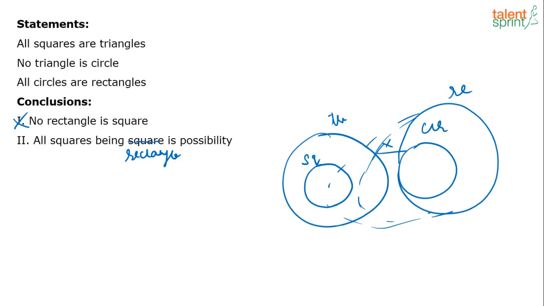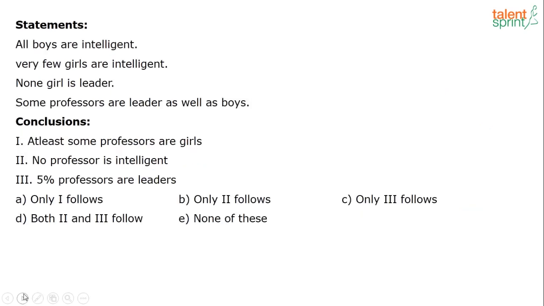Now I have just rephrased the second statement like this. All squares being rectangle is a possibility, definitely, right? The rectangle set can be like this also, covering all the squares. So the second statement follows. So here conclusion 2 follows. In that case it will follow. Okay. Let us look at the next question. The next question is there on your screen.